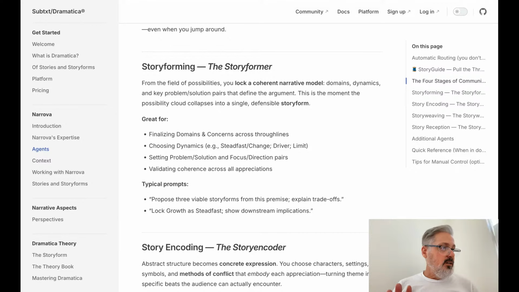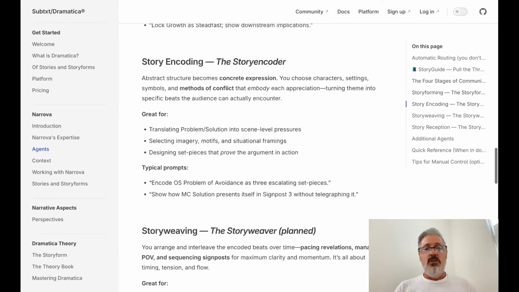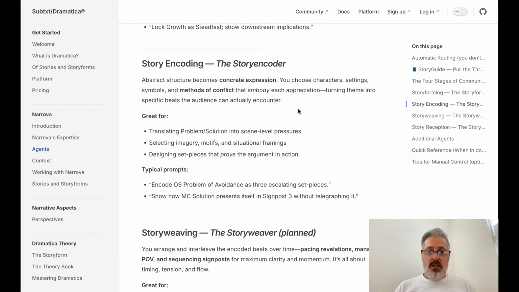Currently, there's about 30,000 different story forms, 32,767 to be exact. And getting down to that one story form would be the process of what is going on in here. The newest one is the story encoding agent.